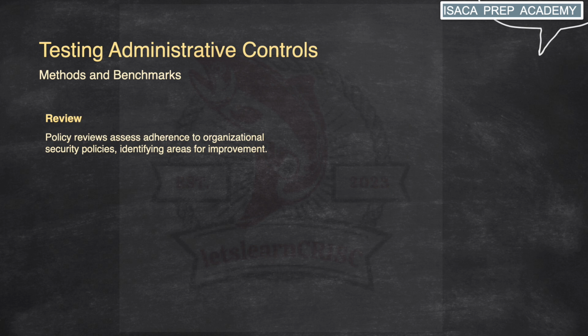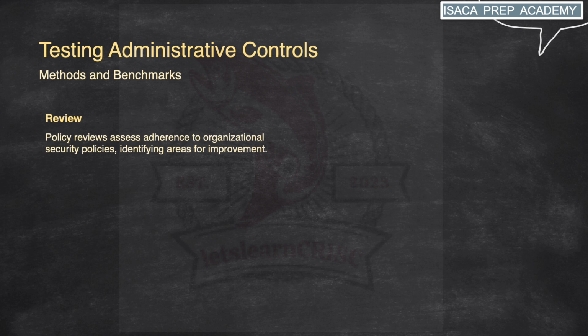By thoroughly examining organizational practices against policy requirements, reviews uncover areas for improvement and help mitigate potential risks or vulnerabilities. Through this process, organizations can ensure that their security measures remain robust and aligned with industry standards and best practices.